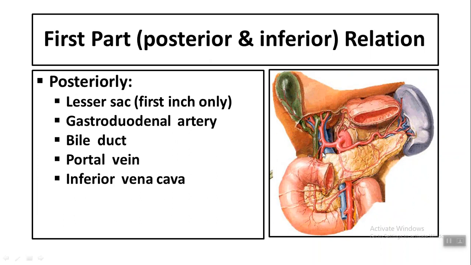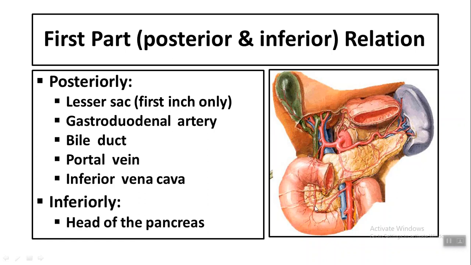Posteriorly is the lesser sac, which is the first inch only, the gastroduodenal artery, which is a branch from the hepatic artery, the bile duct, the portal vein, and more posteriorly the inferior vena cava. The importance of this relation is that when there is a peptic ulcer in the posterior wall of the duodenum, it might erode the wall and reach this artery, and this artery might be involved by the duodenal ulcer.